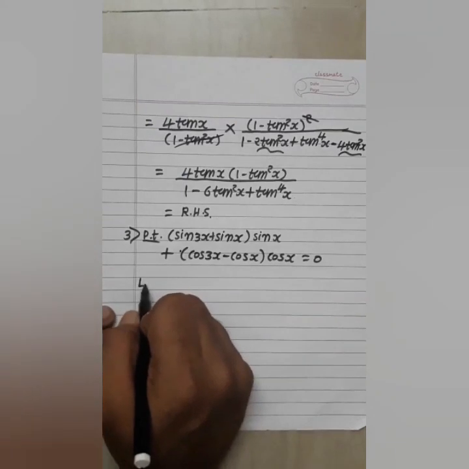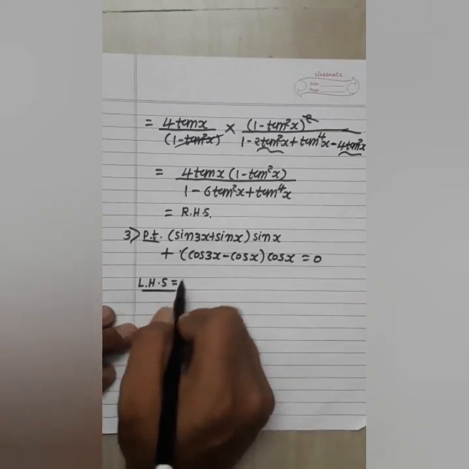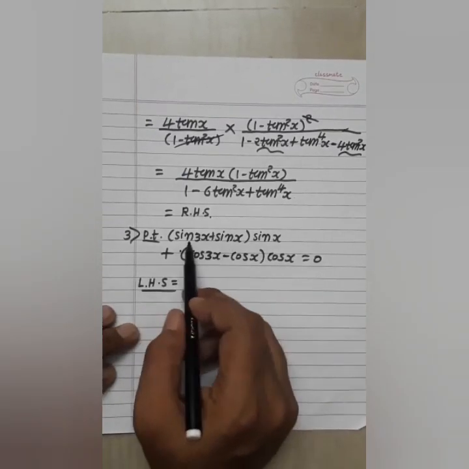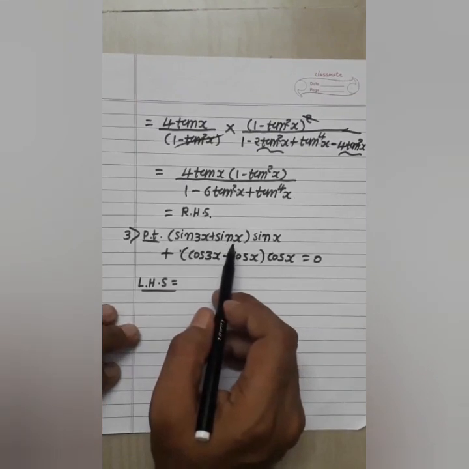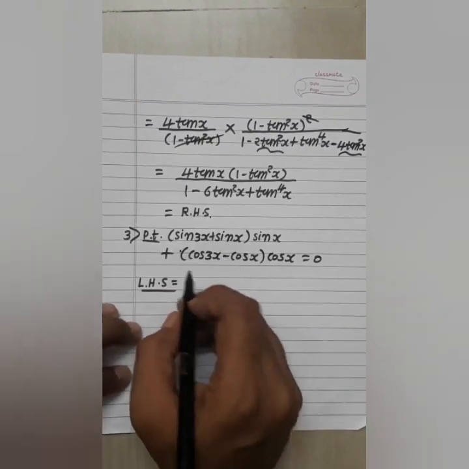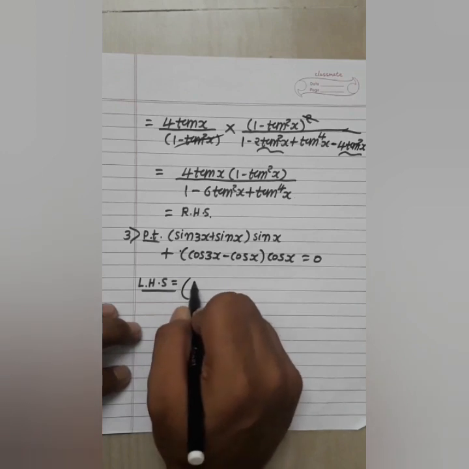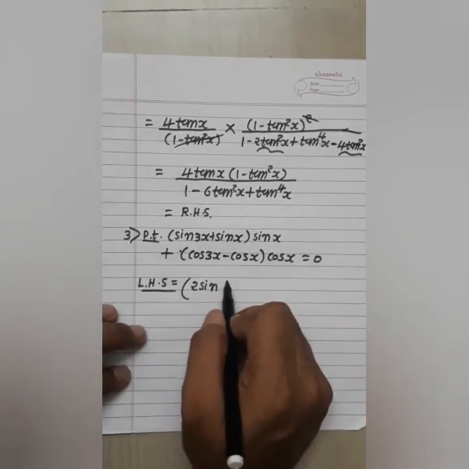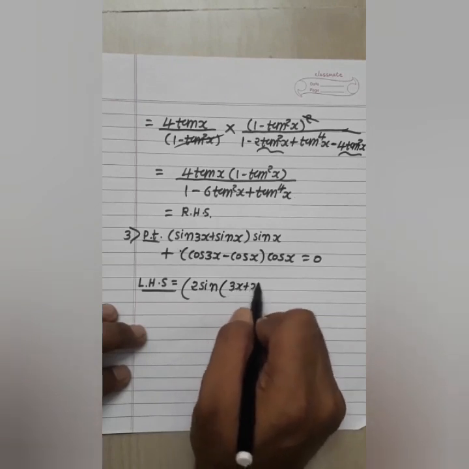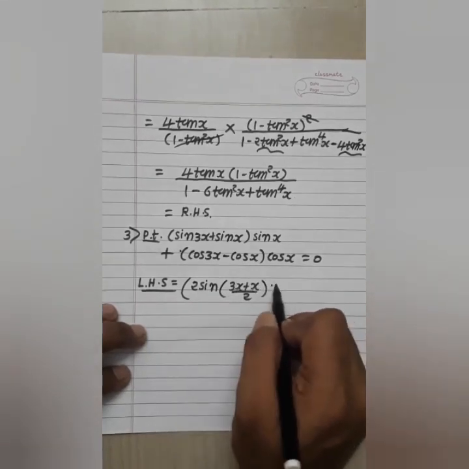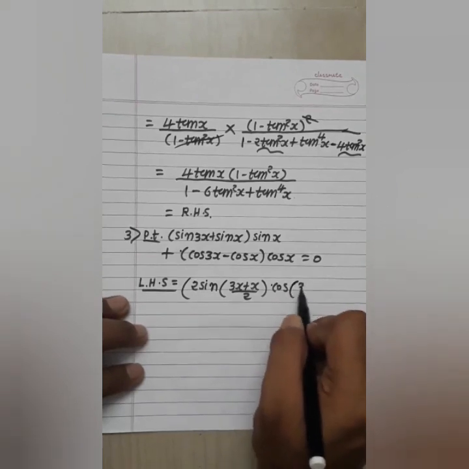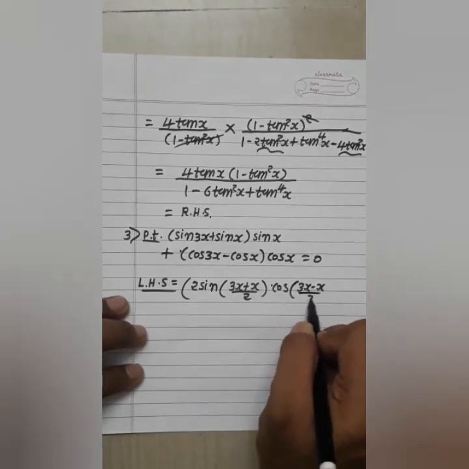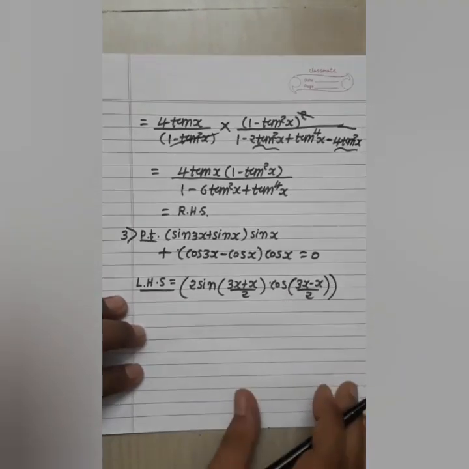So again start from the LHS side. Now here in the first bracket apply the identity sin C plus sin D, that means 2 sin C cos D. So here we write 2 times sin in bracket (3x plus x) divided by 2 into cos bracket (3x minus x) divided by 2, whole bracket over sin x.